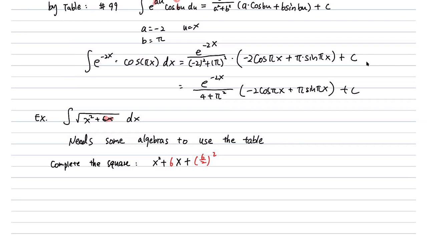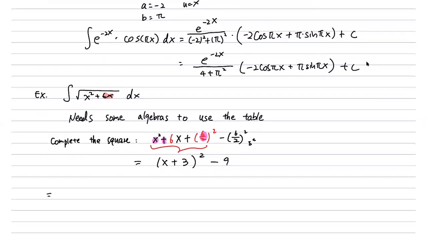Because I do not have this term originally, I need to get rid of it. So for these 3 terms, when I do the completing square, I take this x, I take this 6 over 2, which is a 3, and I take this sign, the plus. Putting them together gives me x plus 3, the perfect square. So that's how I do the completing square. And now I'm going to subtract the 6 over 2 squared, which is 3 squared, which is equal to 9.